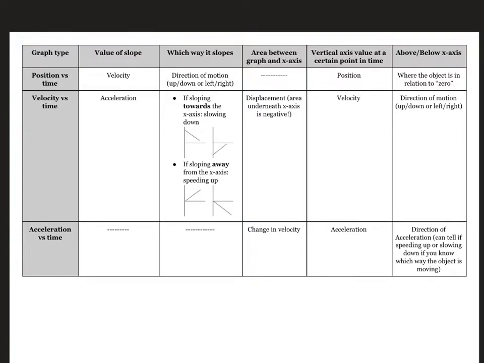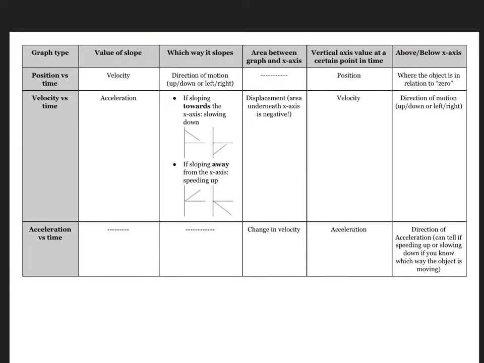So next we get to something called the area between the graph and x-axis. For a position versus time graph, that tells us nothing. For a velocity versus time graph, that tells us the displacement. Basically, how far from the starting position is that object, is the displacement. I can get that from a velocity graph. If I take the area of an acceleration versus time graph, that can actually give me the change in velocity.